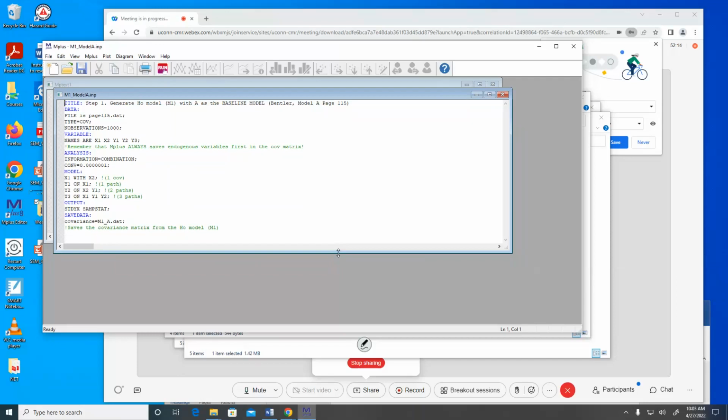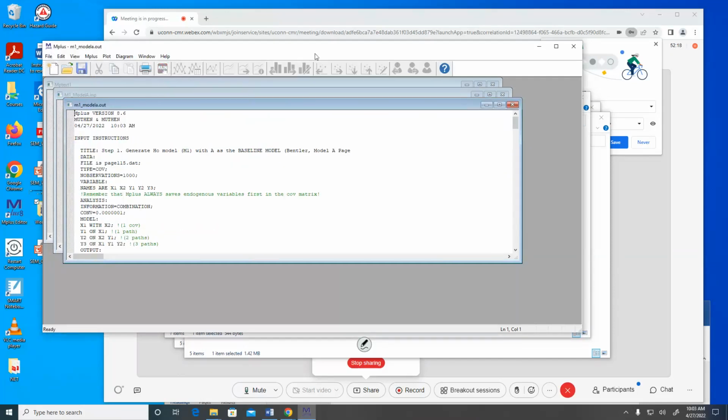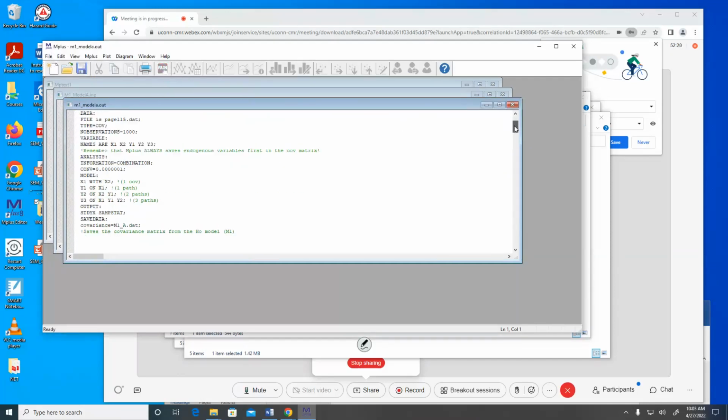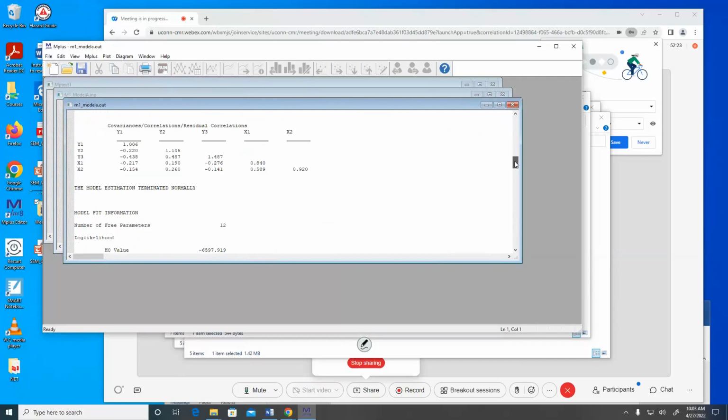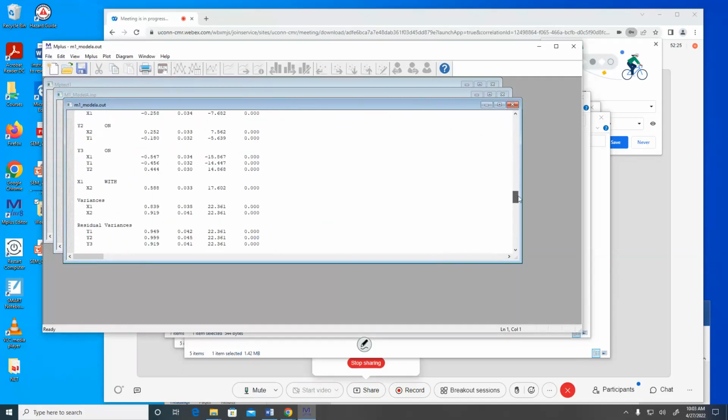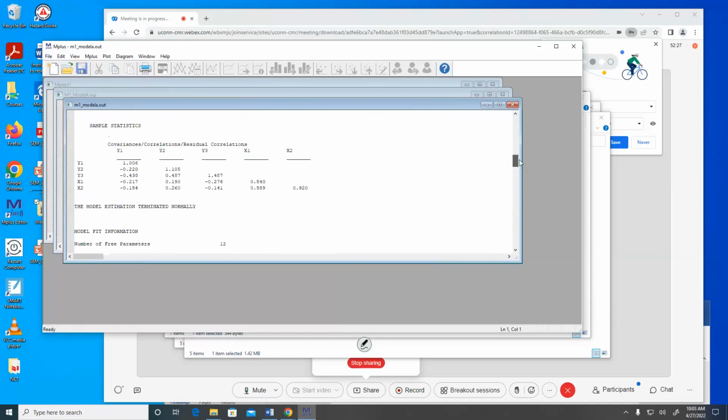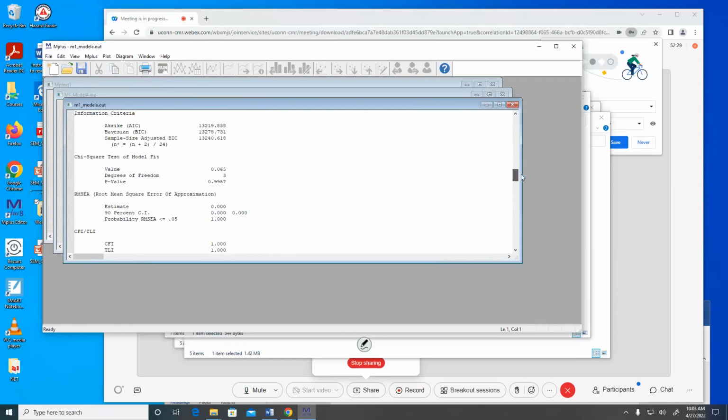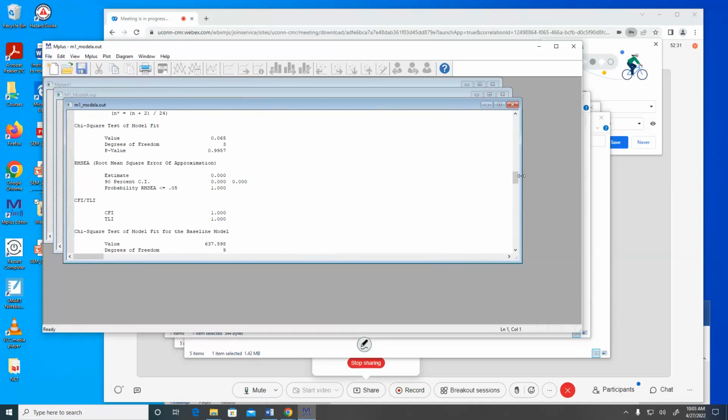All right. So I run the model, and I get output. Let's look at our chi-square test of model fit. Actually, this model fits really well, even though it has 3 degrees of freedom.